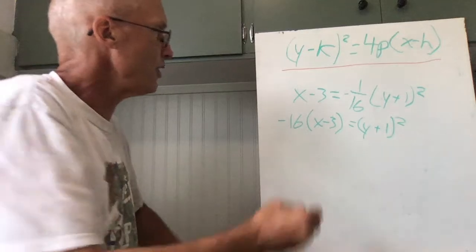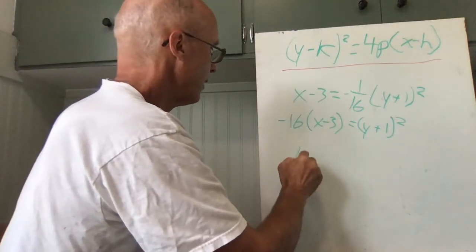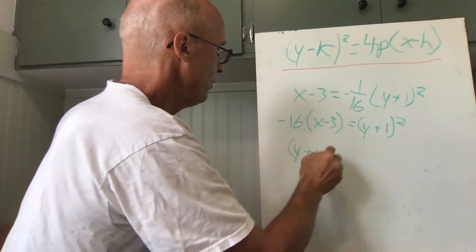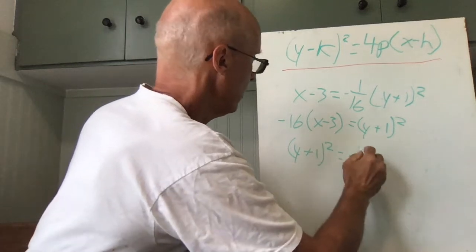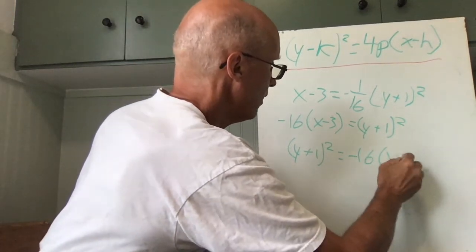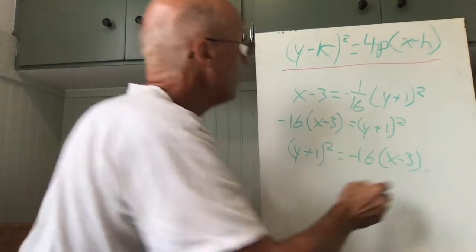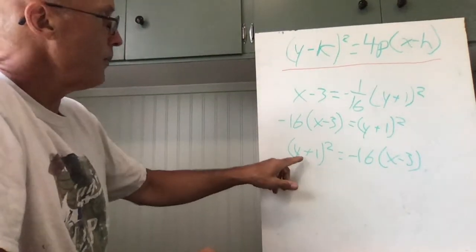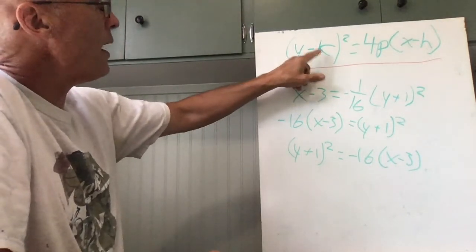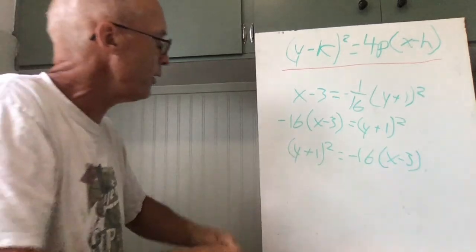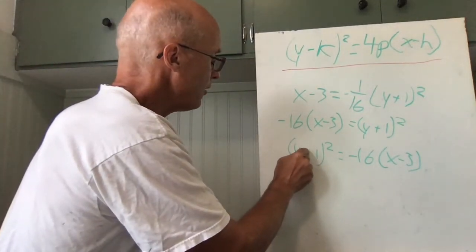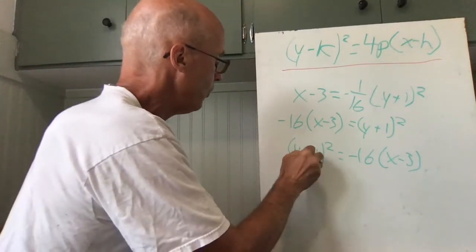Let's just reverse these to make it look like that, just so there's no confusion. This is y minus k, this is y plus 1. So we want this to be minus something, so it's going to be minus negative 1.